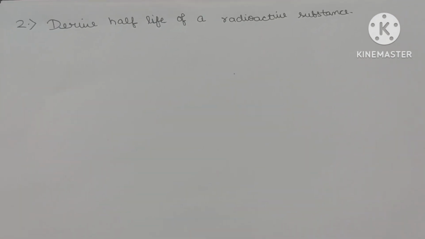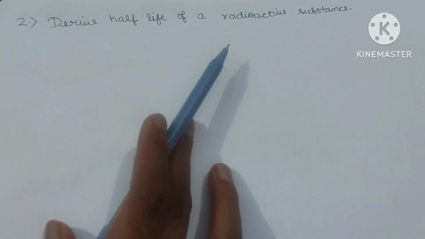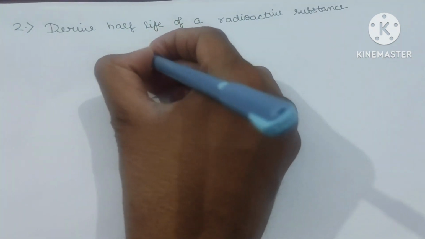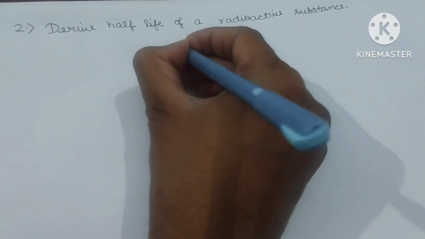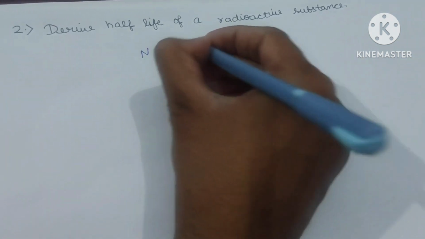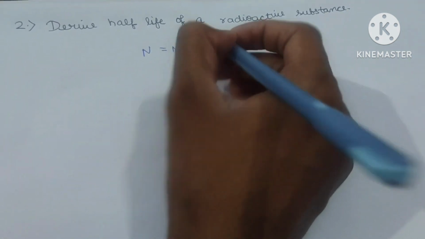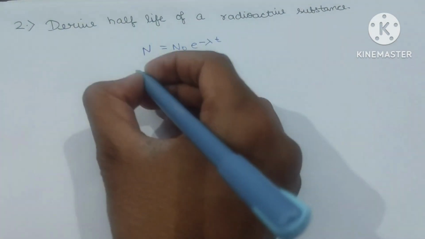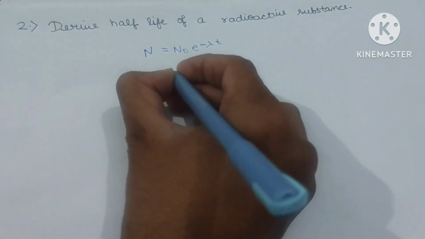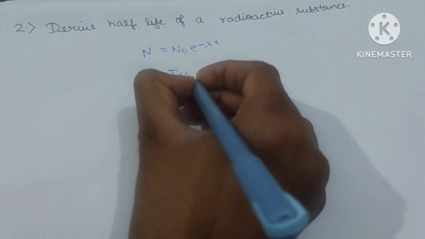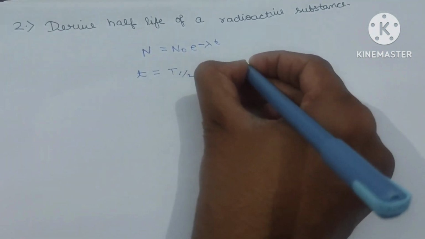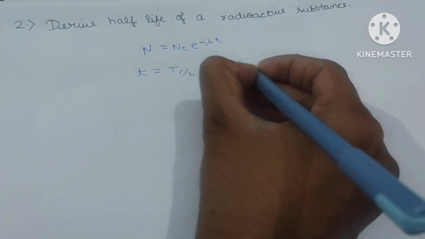Hello friends, today we're going to derive the half-life of a radioactive substance. Okay, so we know from the mathematical form of the decay law, n equal to n naught e to the power minus lambda t. So this is what we know, and when we take t equal to half-life, meaning t equal to t half, then we'll have n equal to n naught by 2.